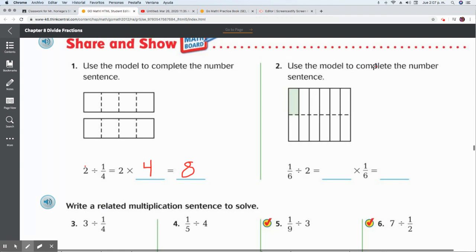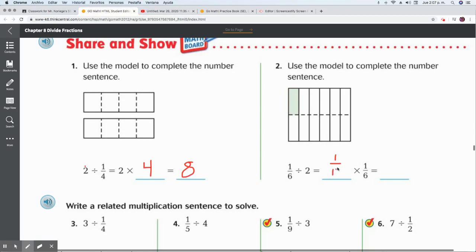Number two, use a model to complete the number sentence. To find what fraction by 1/6 we need to use to multiply, the first thing that we're going to consider is the shaded pieces. How many shaded pieces are in this picture? Only one. So that's our numerator. How many total pieces are together? 1, 2, 3, 4, 5, 6, 7, 8, 9, 10, 11, 12.